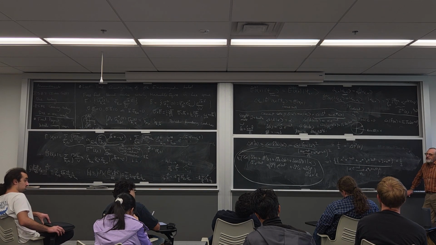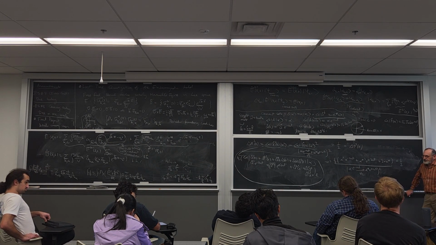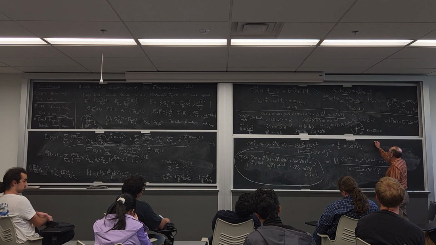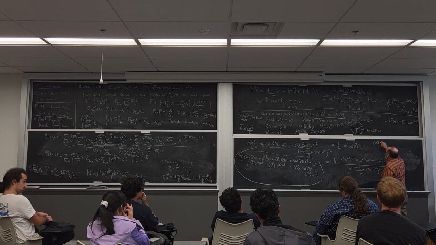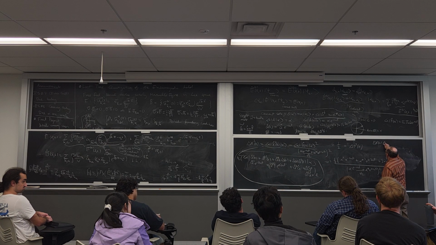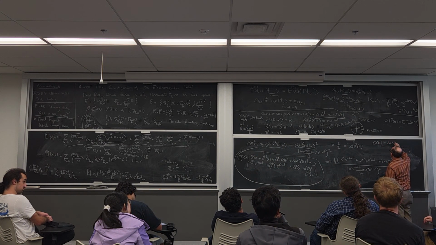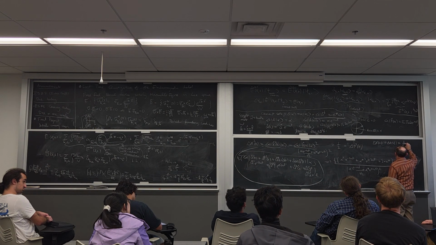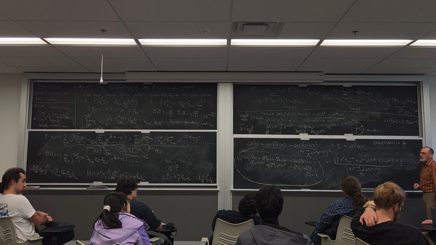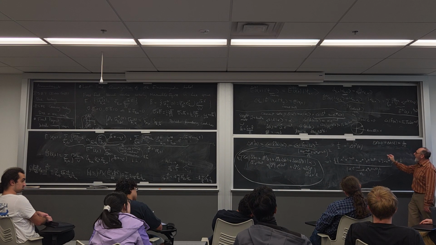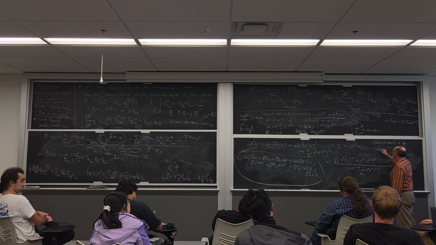For a coherent state, at all times, it's that. Which means that at all times, delta x equals delta p, which is 1 over the square root of 2 in our dimensionless units. And the product is the minimum uncertainty product.